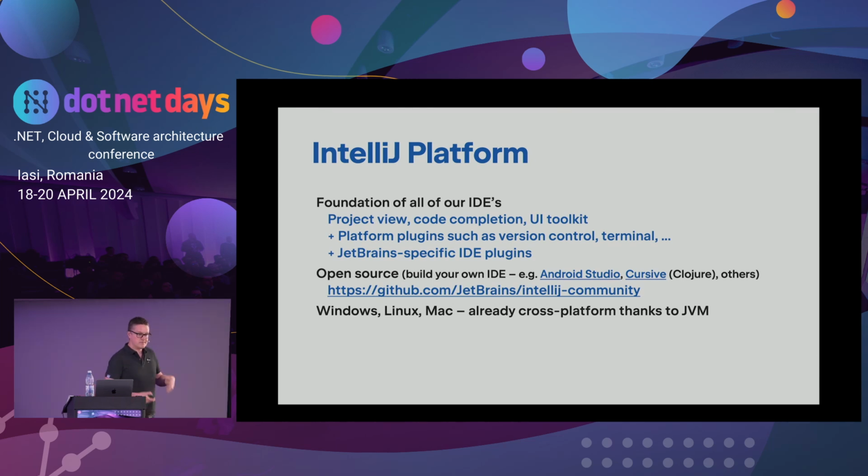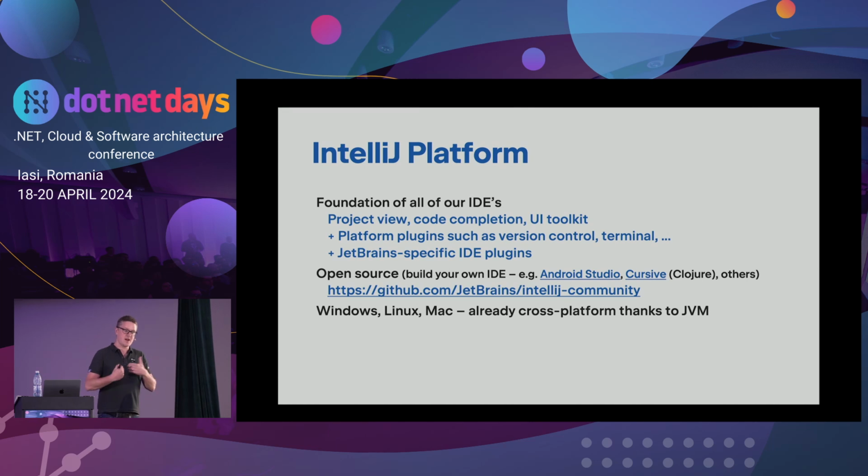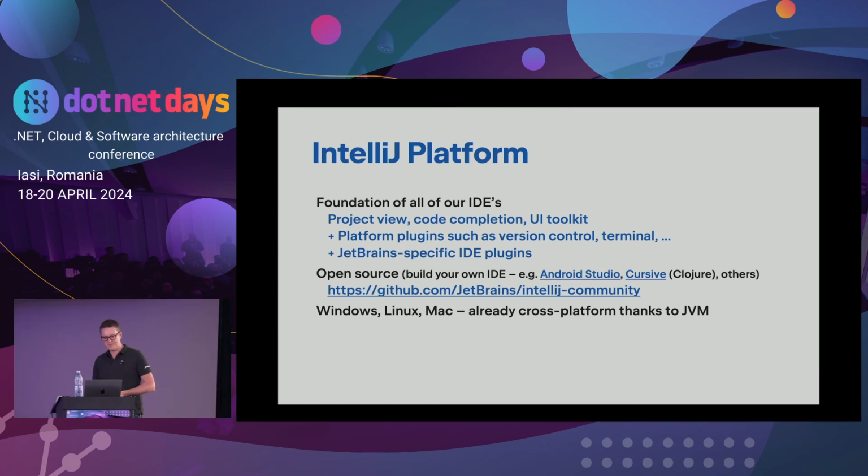IntelliJ platform, as I mentioned, is the foundation of all of the IDEs in JetBrains. It comes with a lot of the default things like a project view, editors, documents, code completion, version control is in there, the terminal, and so on. That is open source. And then for our IDEs that we ship as commercial IDEs, we ship essentially JetBrains-specific plugins that try to bring us the revenue. It is open source.